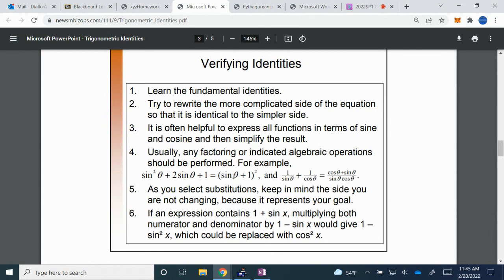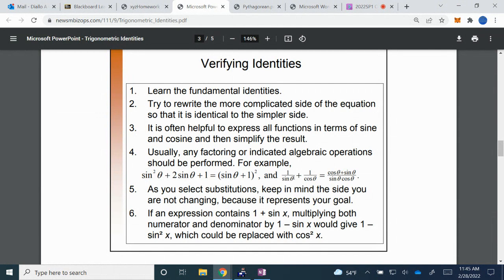That is equal to sine of theta plus 1 quantity squared, which means that if I were to take sine of theta plus 1 times itself and multiply those two binomials, I would get sine squared theta plus 2 sine theta plus 1.